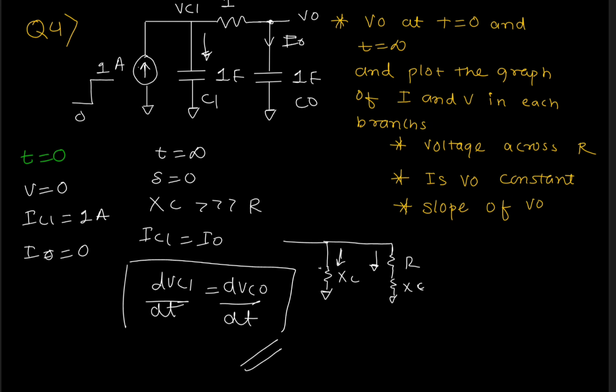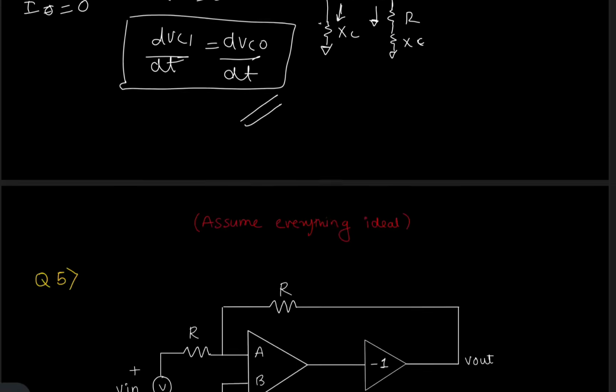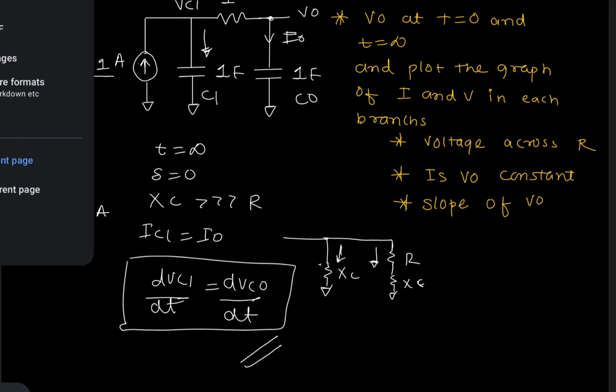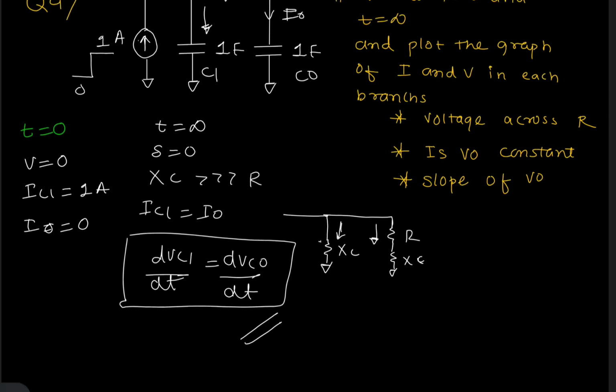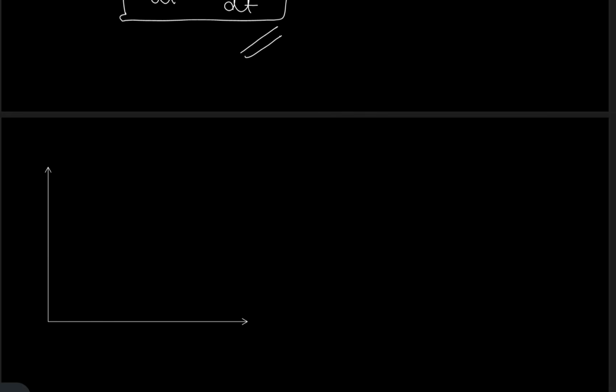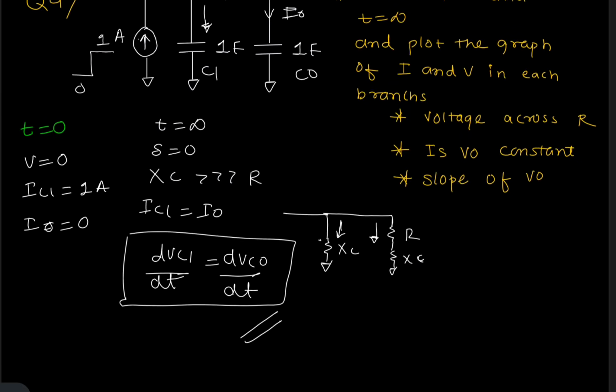Okay, so let's draw the graph then. With this information, let's plot the graph. So at the start, what was the slope of VC1?